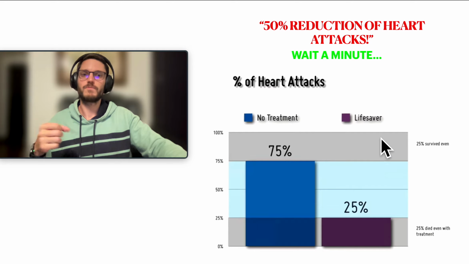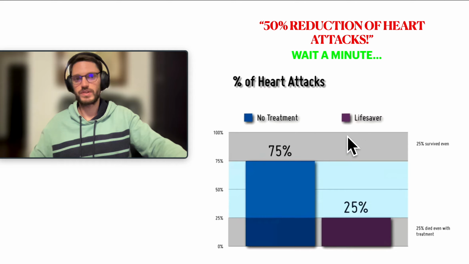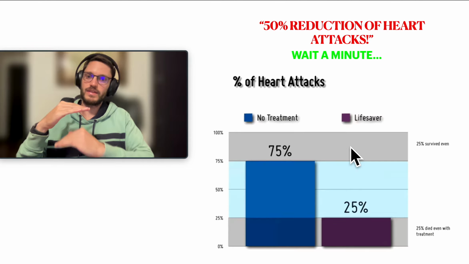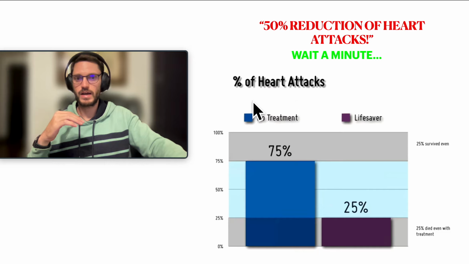That's incredible. But you can also calculate relative risk reduction, which is making the same calculation as ARR, which would be 75 minus 25% is 50% reduction, and then you divide that over the incidence in the non-treated group or the control group.